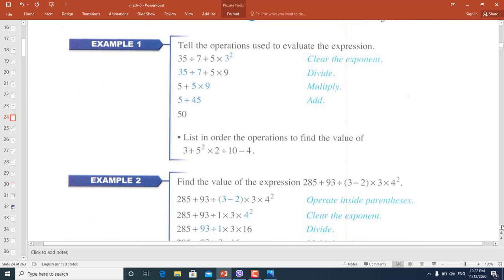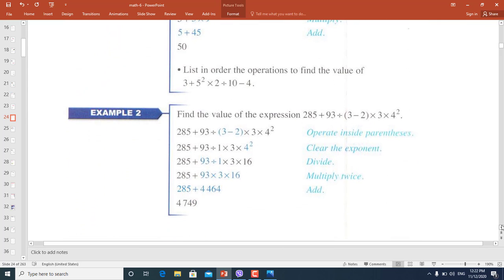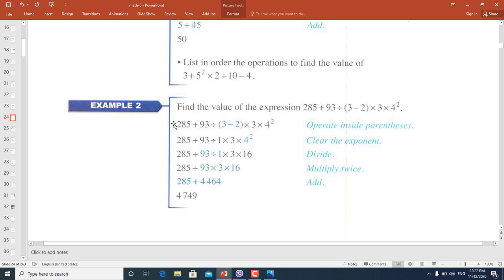In example 2, we have this expression. Let's find the value. We have 285 plus 93 divided by 3 minus 2 in parentheses times 3 times 4 exponent 2. So here we have parentheses.